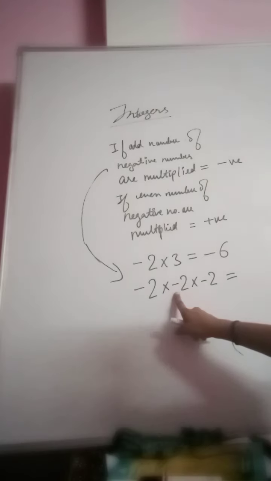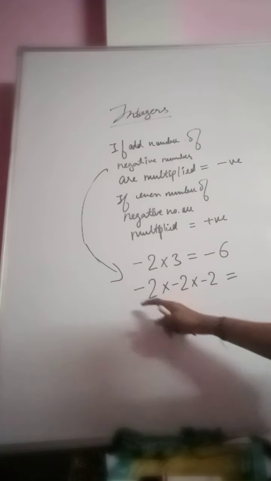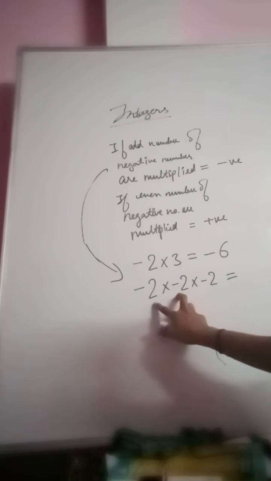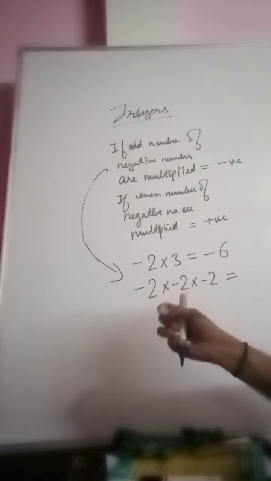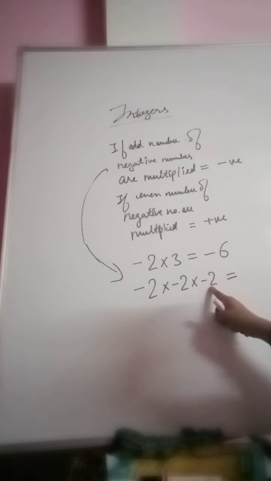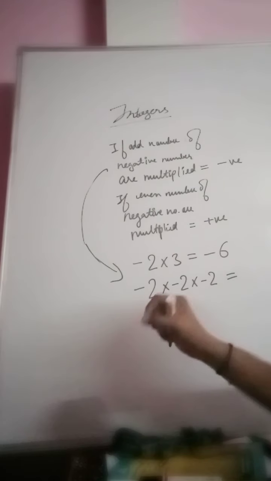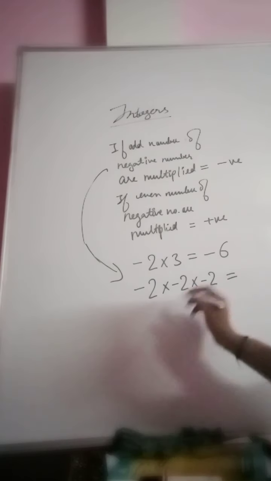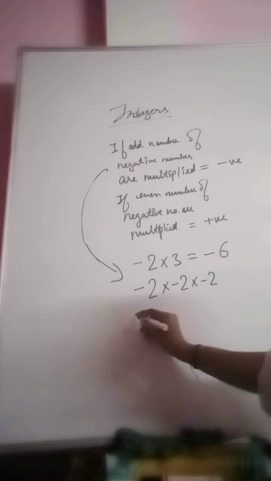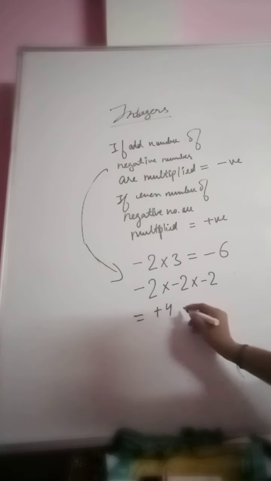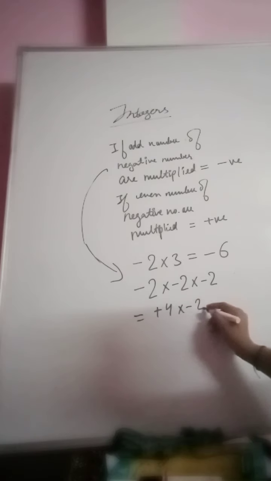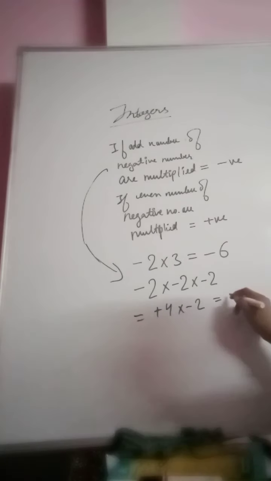Minus into minus will become positive, and whatever product we get of these two numbers will be positive, and now that positive product will be multiplied by this negative number. So again positive into negative will give you negative. I am doing it step by step. So it will become plus 4, this into this, into minus 2. Again it will become what? Minus 8.